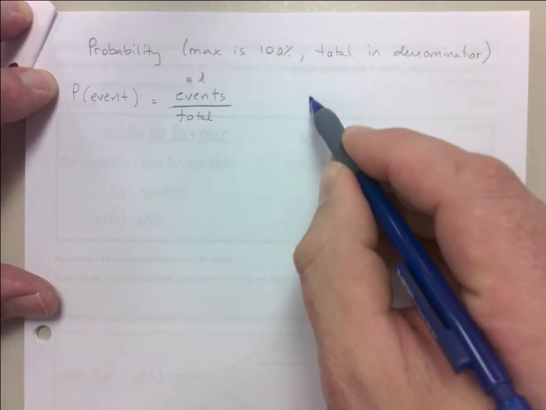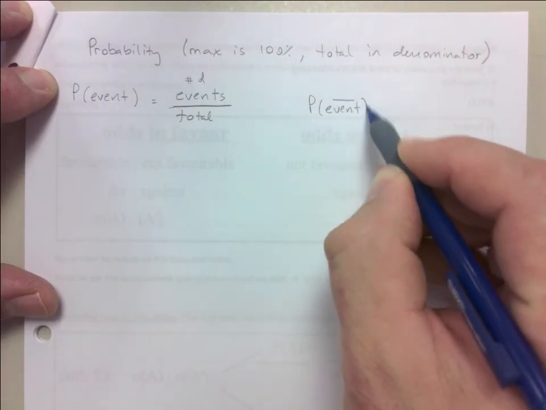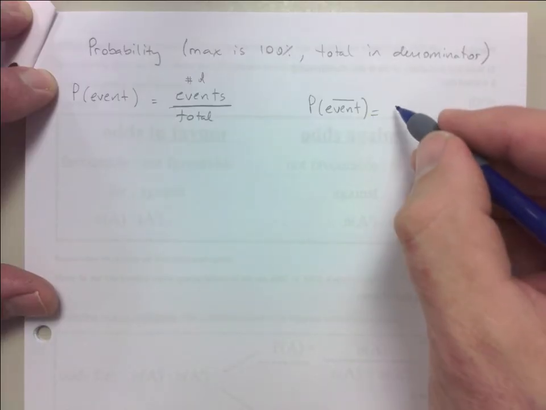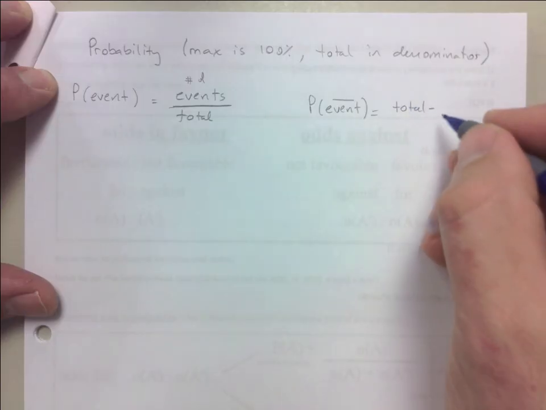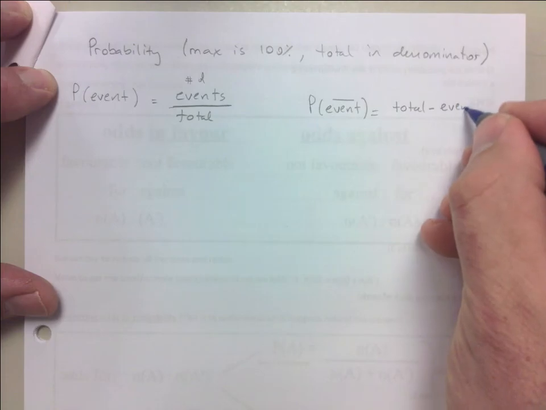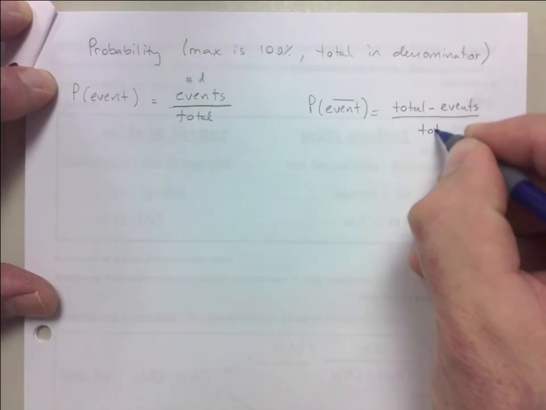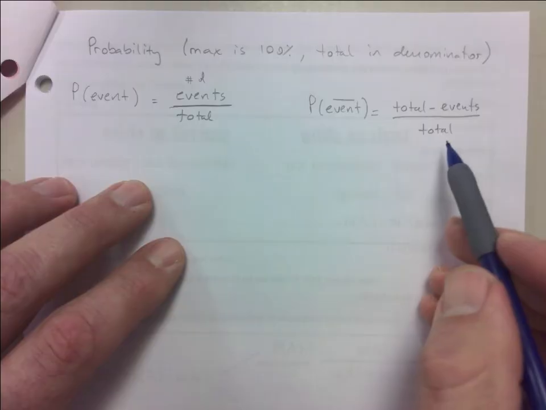And probability of the event not happening, and watch what I'm going to do here, I'm going to give this a little spin. I go total minus event over total. That's the most common way of doing that.